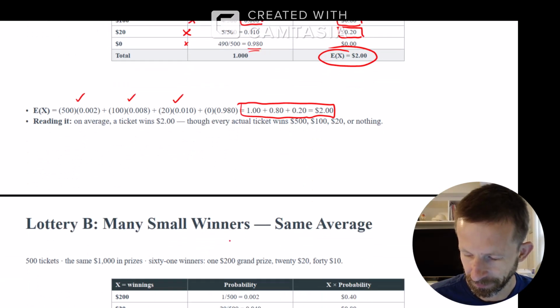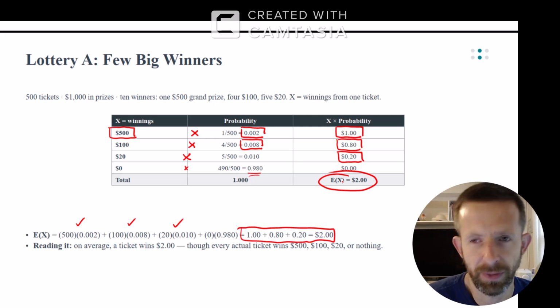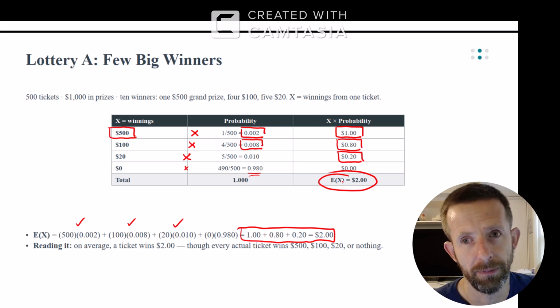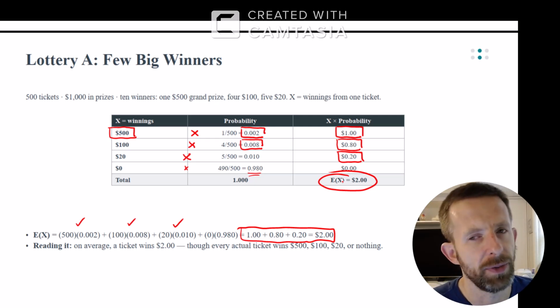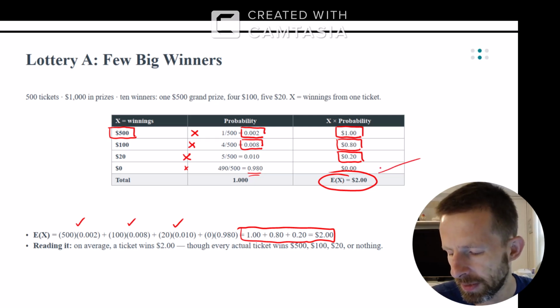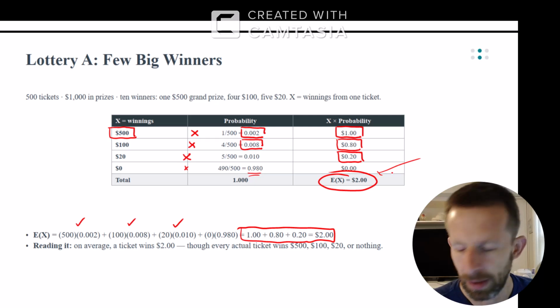Now, the question is, should you play this lottery? Well, if it costs $1 to play and you expect to win $2 every time you play, it's a great deal. But if the lottery costs $2, in terms of expected value, it's break even.